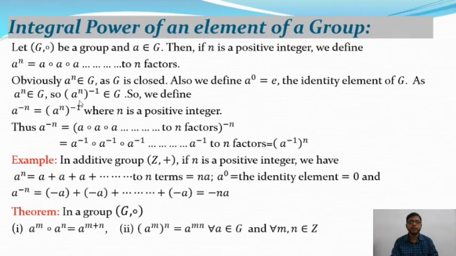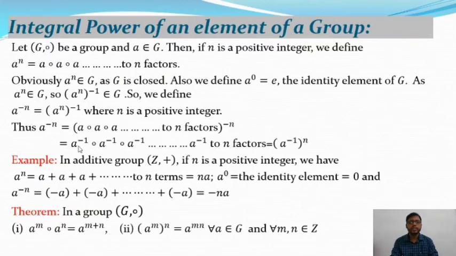So we define a to the power minus n as a to the power n whole to the power minus 1, where n is a positive integer. Therefore a to the power minus n is equal to a composition a, up to n factors, whole to the power minus 1.